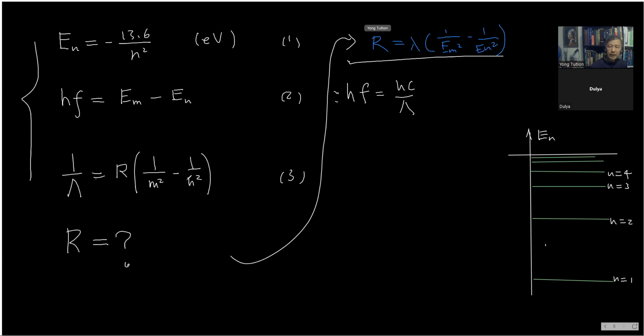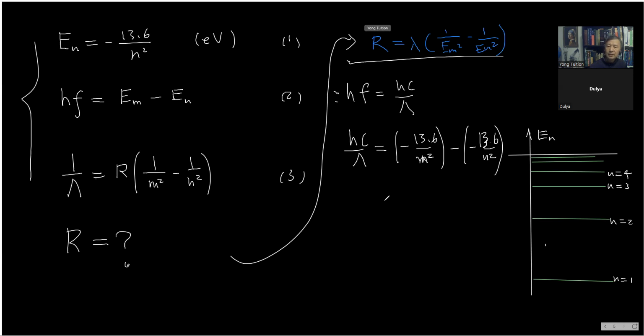If I use equation 2, it will become hc divided by lambda equal to negative 13.6 divided by m squared, minus negative 13.6 divided by n squared.